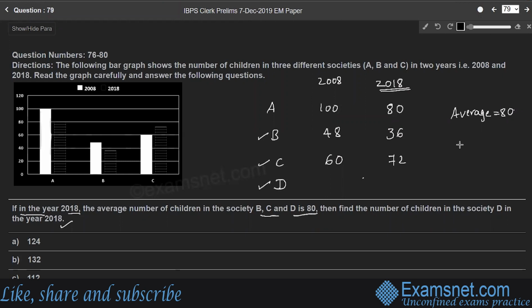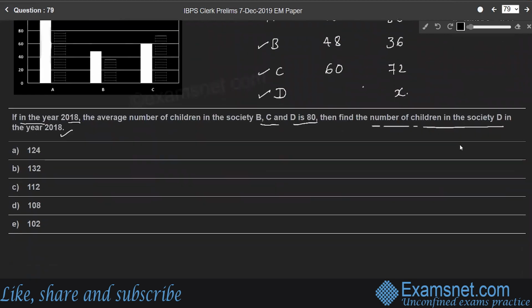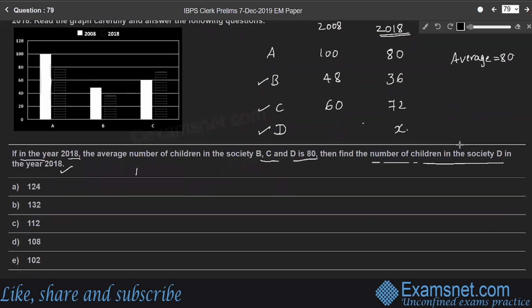So we have to find the number of children in society D. Let X be the number of children in D in 2018.